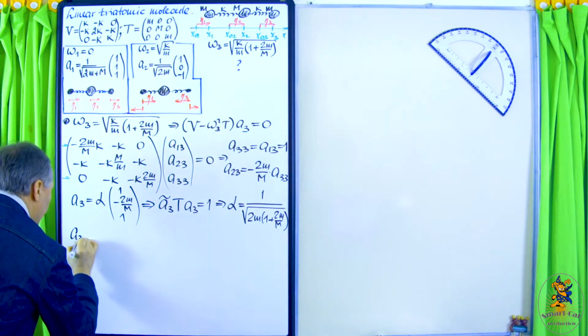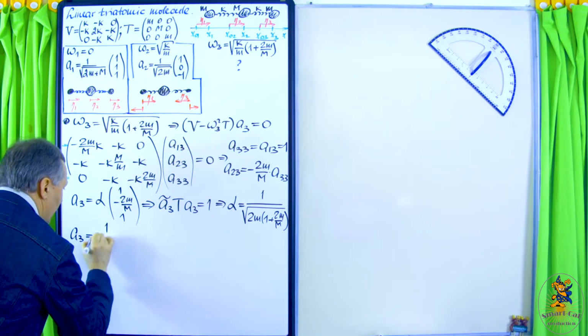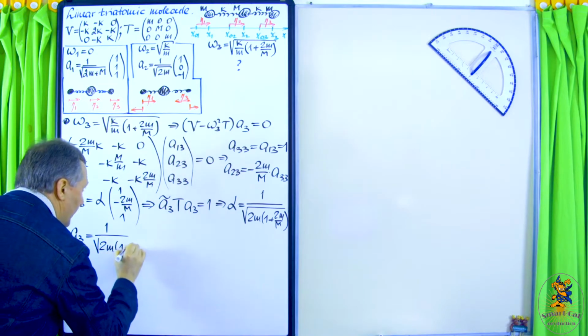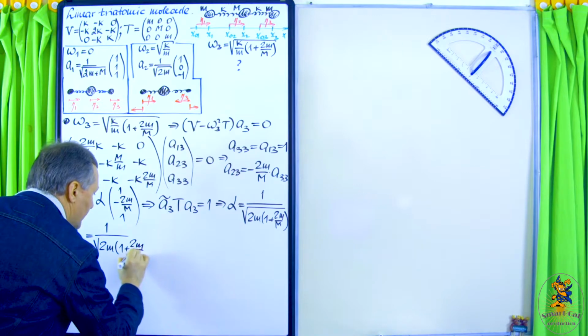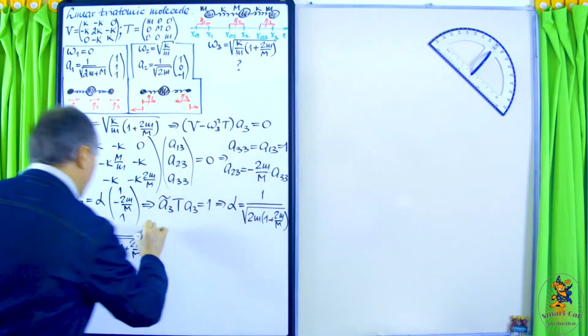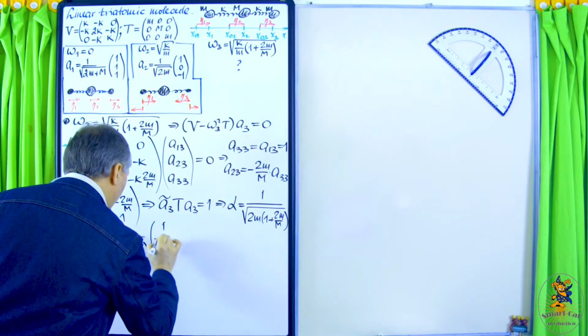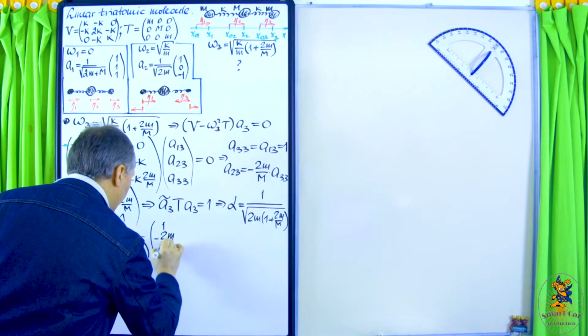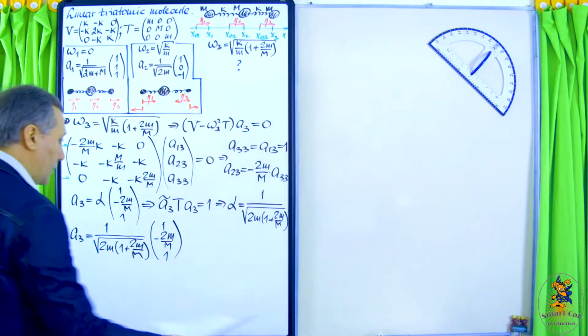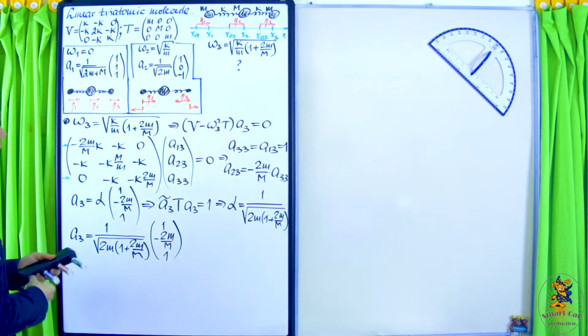So A3 will be equal to 1 over the square root of 2m, 1 plus 2m small over m capital, times 1, minus 2m small over m capital, and 1. So that's the last eigenvector.